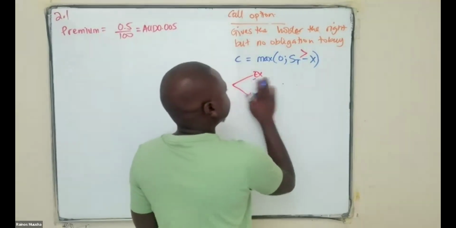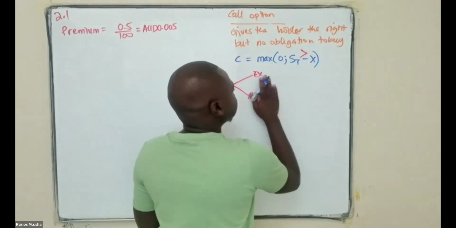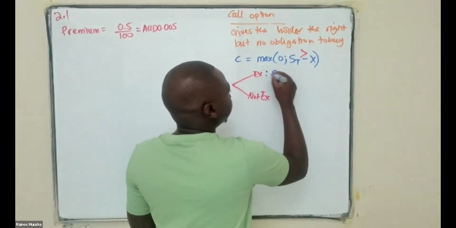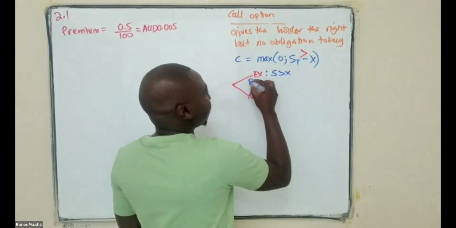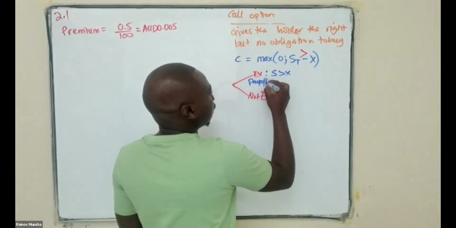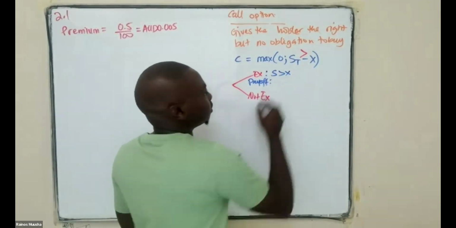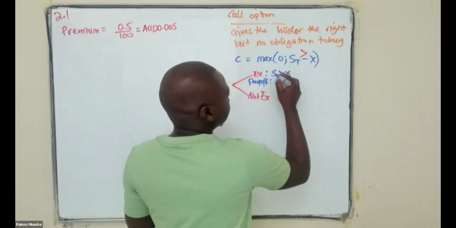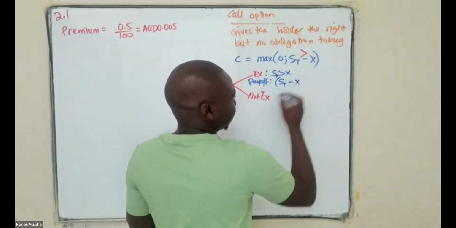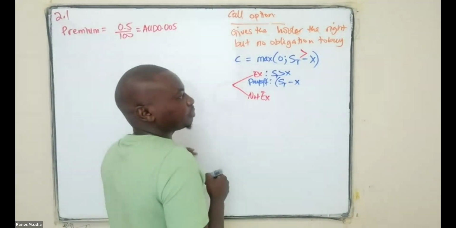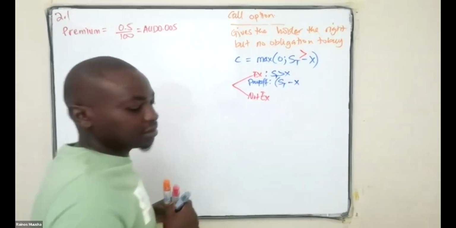okay, let me just make space here. So you exercise your right when the spot price is greater than the exercise price, which means your payoff in this case will be equal to the spot price minus the exercise price.